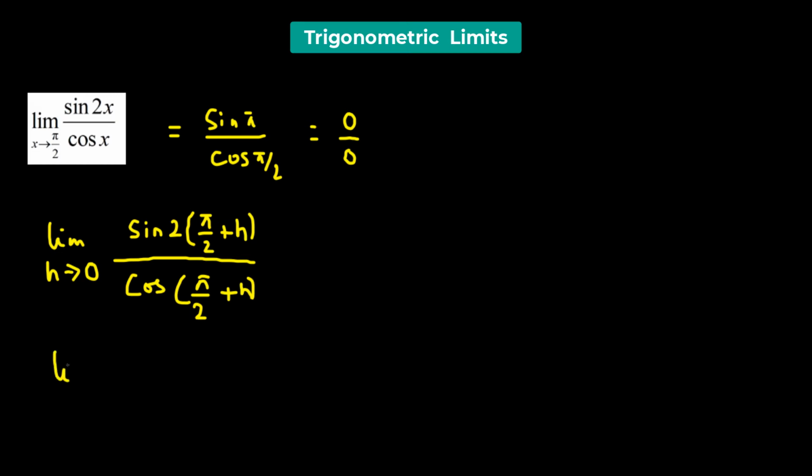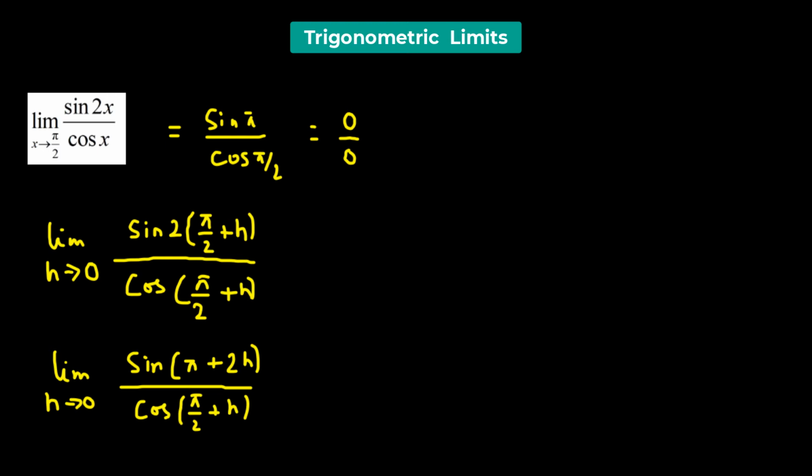So we have in the numerator limit h approaching 0, sine of 2 times pi over 2, which will be pi. So we have pi plus 2h divided by cosine of pi over 2 plus h.